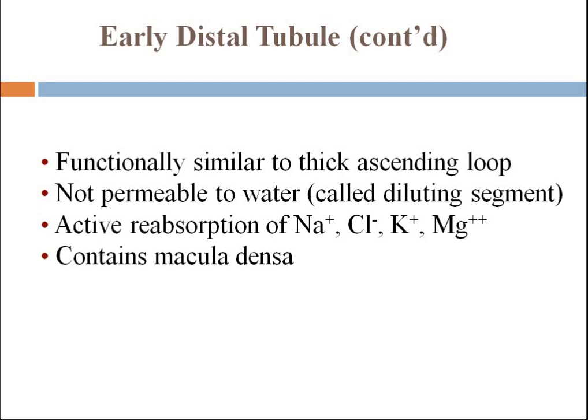So depending upon how much sodium is delivered to this portion of the tubule, it gives feedback to the afferent arterioles and accordingly causes their constriction or dilatation and alters the glomerular filtration rate. So this is also a function done by the macula densa cells present in the DCT.